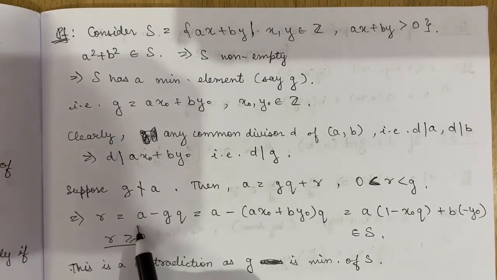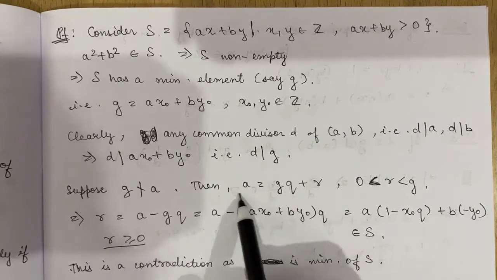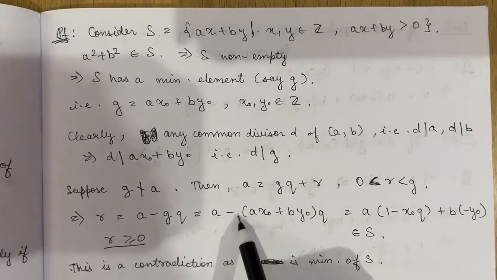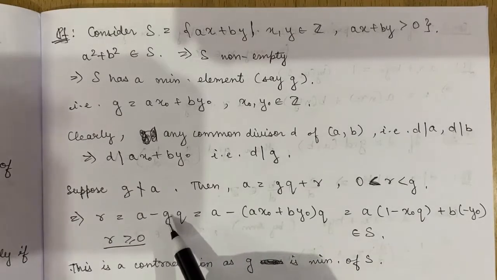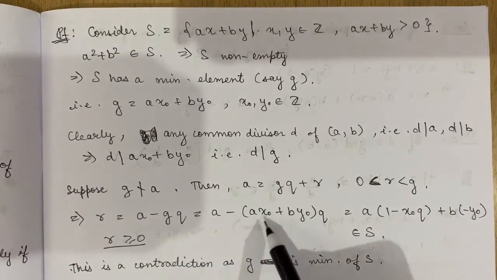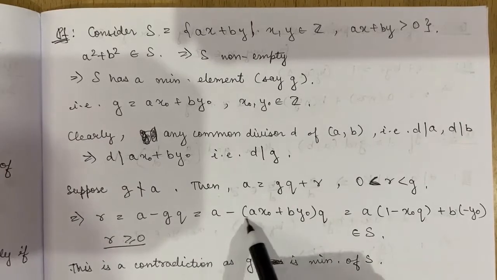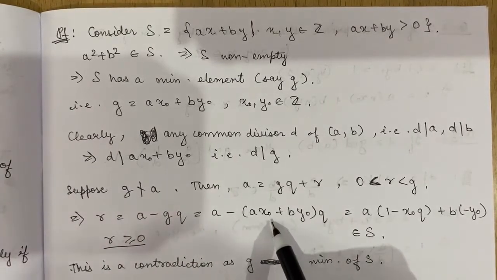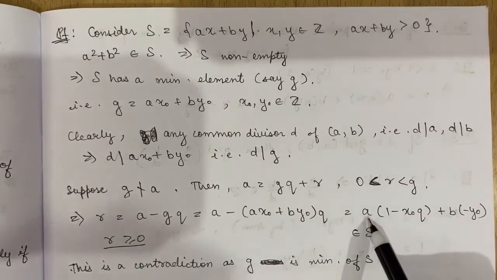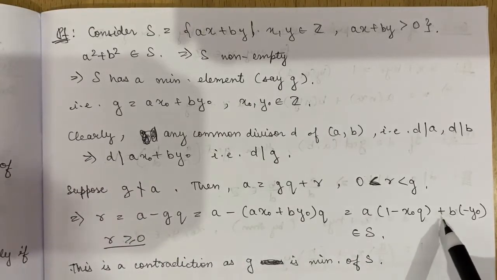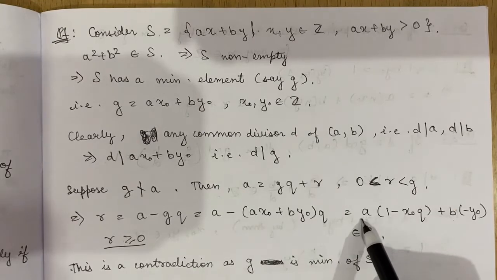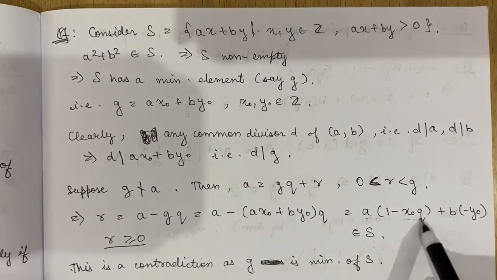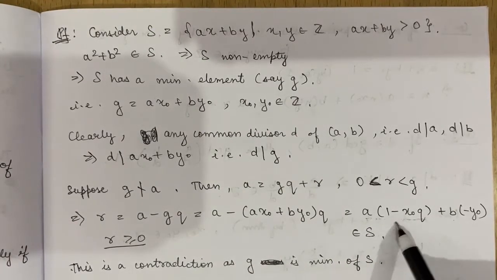And R equals A minus GQ, just rearranging this. We replace G by its linear combination of A and B. So we get A minus (A x0 plus B y0) times Q, which is A times (1 minus x0 Q) plus B times (minus y0 Q), which is A times something plus B times something, and these two are integers.